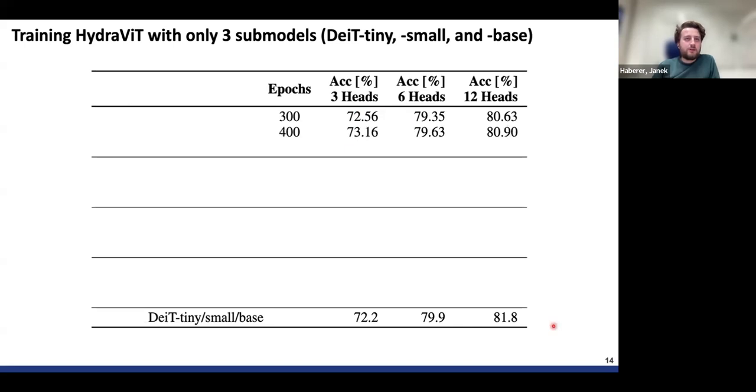What we can do now is increase the amount of epochs. And slowly but surely our results get better. We get higher accuracy. So now with 500 epochs, we would be at a total of 800 epochs of training compared to the 900 for the 3 individual models. Now we're beating at least the small model, but we're not beating the base model, right?